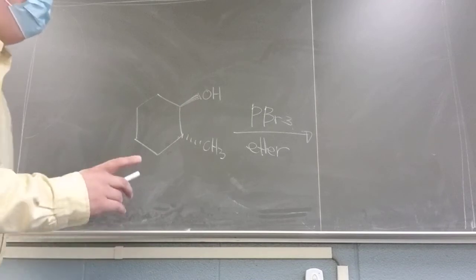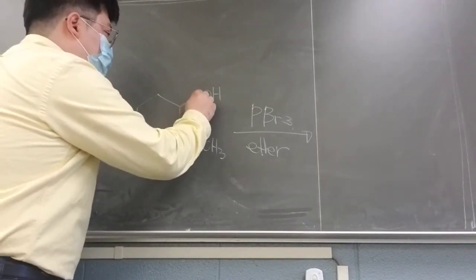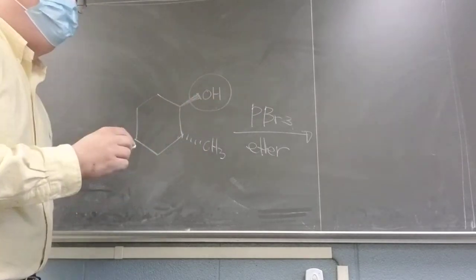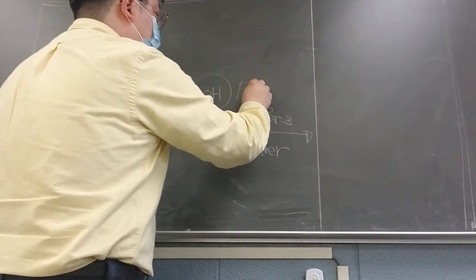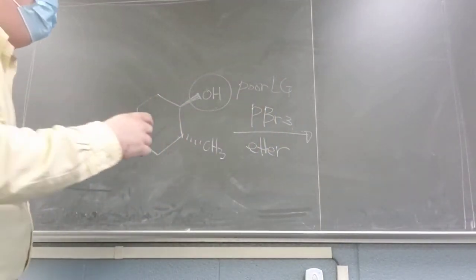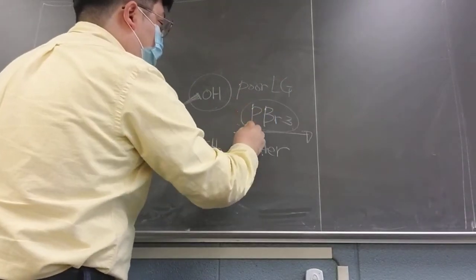Okay, so here's the thing. If you look at this one over here, this hydroxy group is very poorly leaving. So before we do the substitution, we gotta check with this one first.